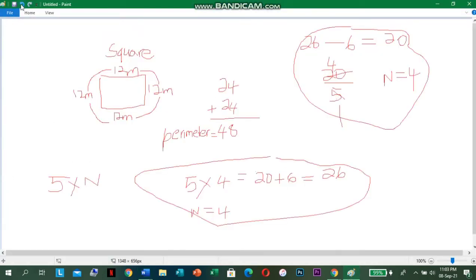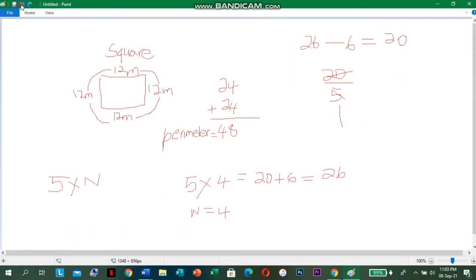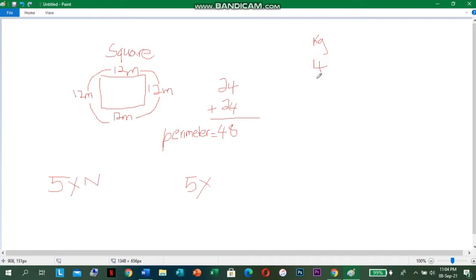All right, let me just clean up my board quick and fast. So we're going to put kg. We're going to add 4 kg, 3 kg, 2 kg down here. And we have grams over here.